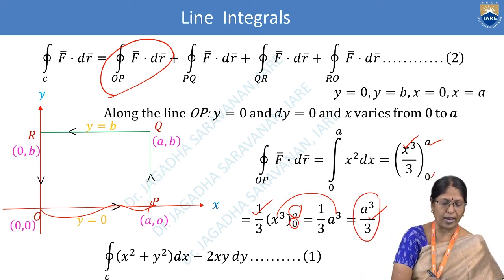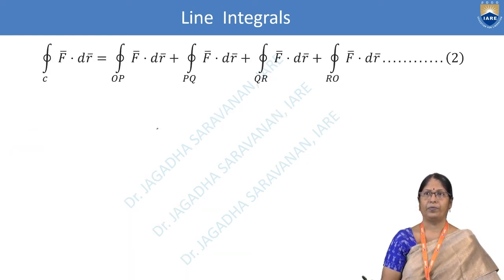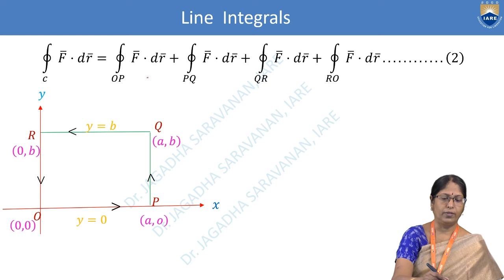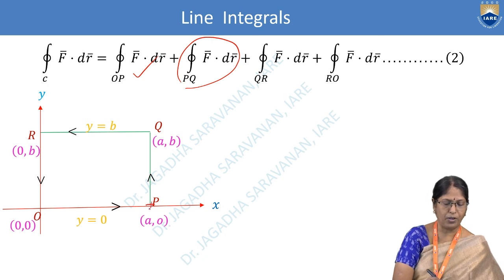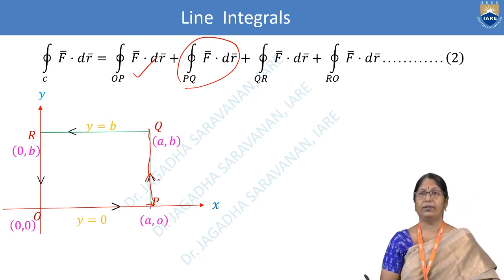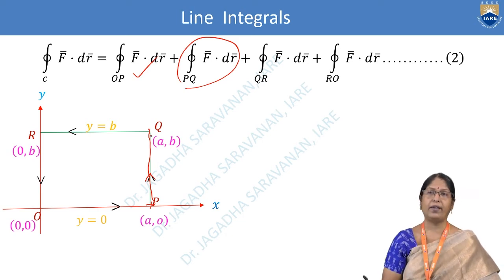Now we are going to calculate from P to Q. This is completed, and now we focus on this one. From P to Q we are moving, and the direction is also given. We are moving vertically, that is, in the y direction.